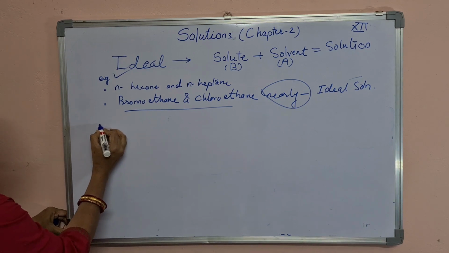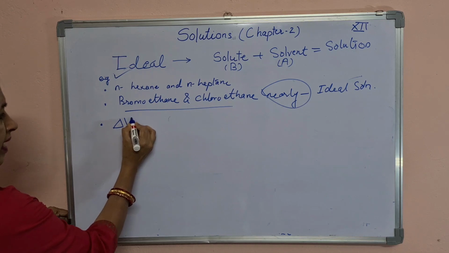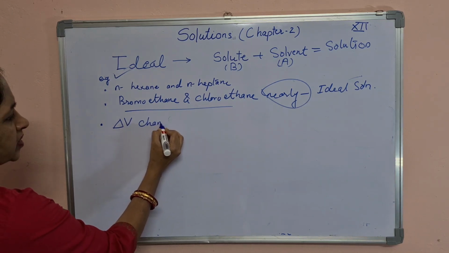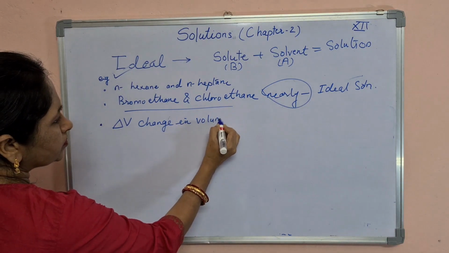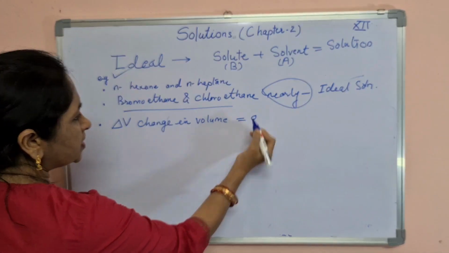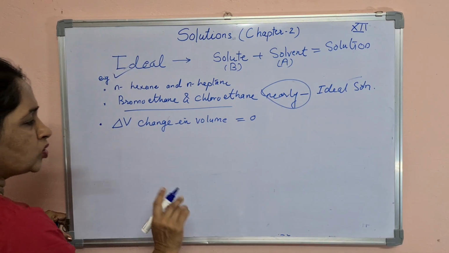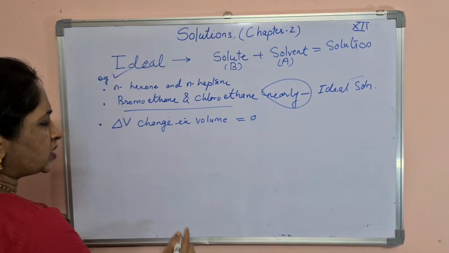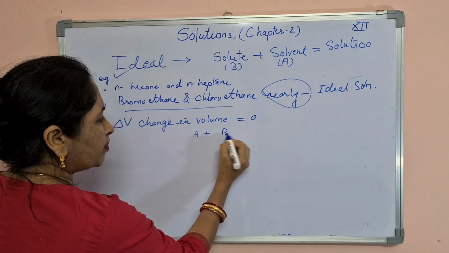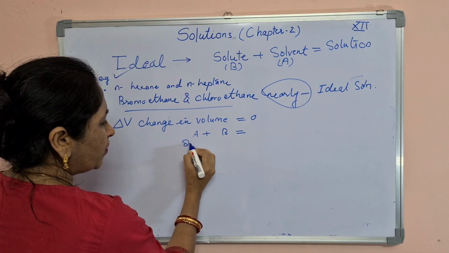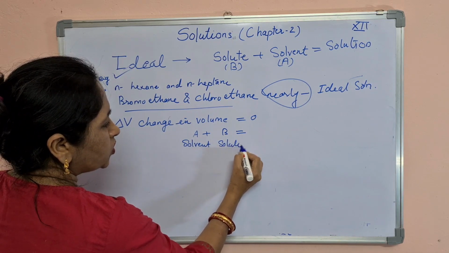The conditions for the ideal solution: delta V, this is the change in volume, equals 0. That is, after the formation of the solution, there is no change in the volume of the solution. For example, A and B together, A is solvent and B is solute.